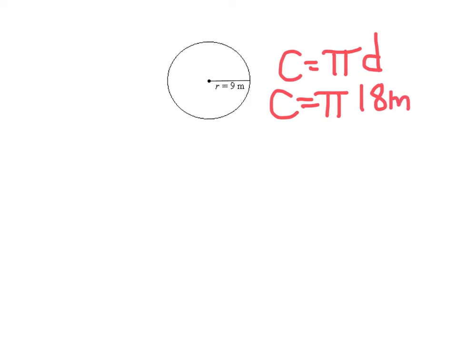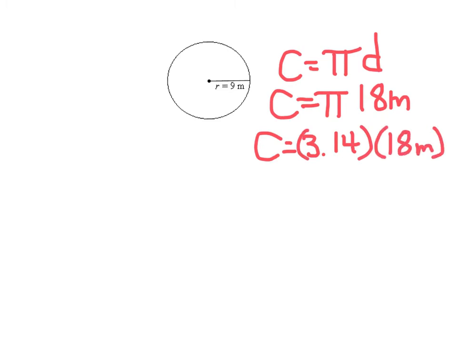And of course, pi again, we're using 3.14. All right, so multiply 3.14 times 18, and we get 56.52 meters. Okay, not too difficult.